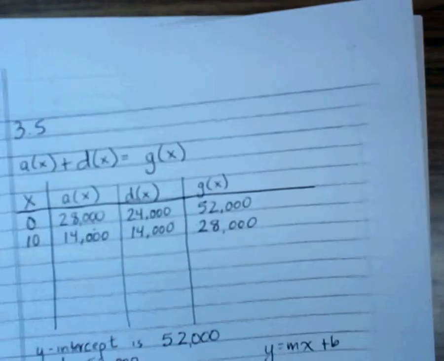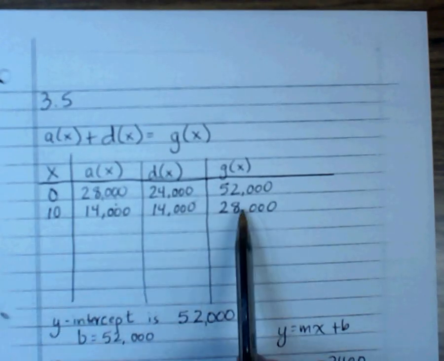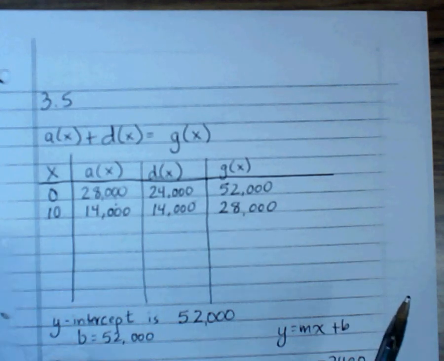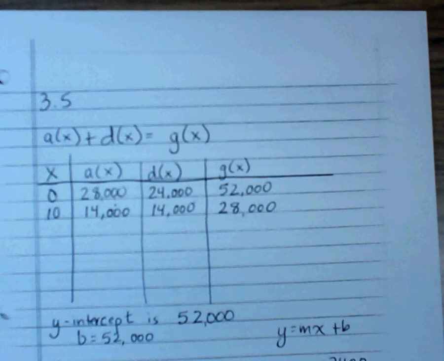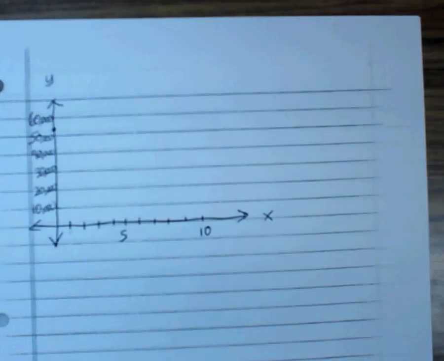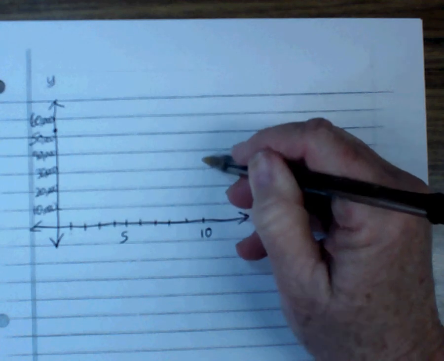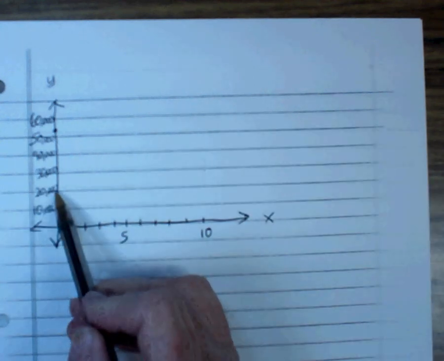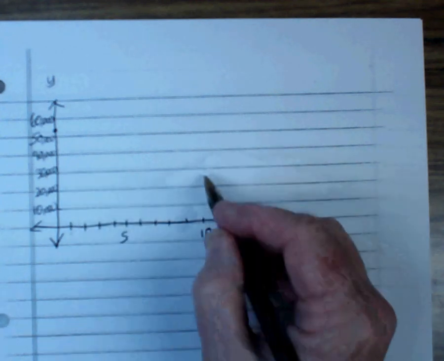Take a look here. At 10 minutes, we had a total of 28,000 gallons in the pool. So 10, just going to kind of go like this so I know where I'm going. 28. Is it closer to 20 or 30? It's closer to 30, so about right here.